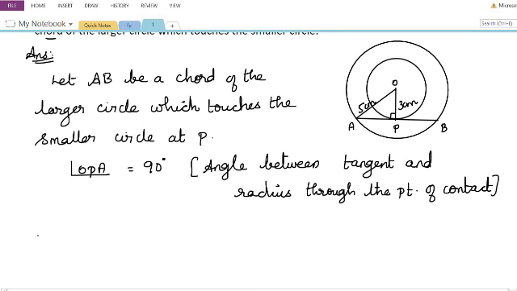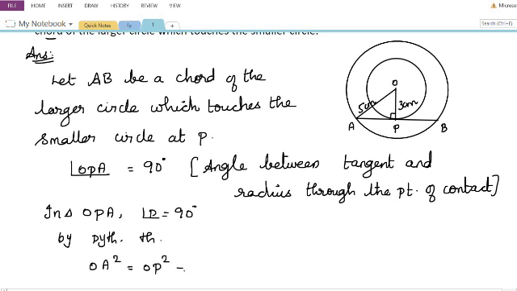Now look into the triangle. In triangle OPA, angle P is equal to 90 degree. So by using Pythagoras theorem, the hypotenuse square will be equal to the sum of squares of the other two sides. So OA square will be equal to OP square plus AP square.